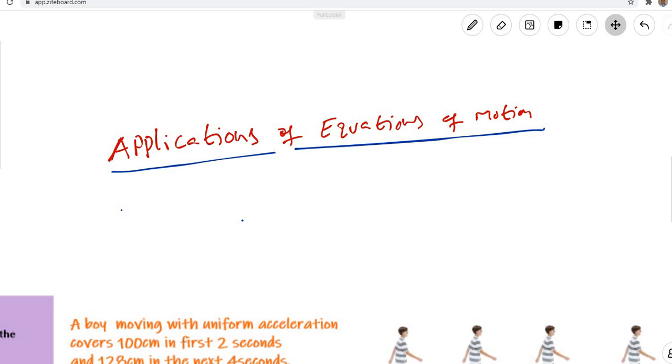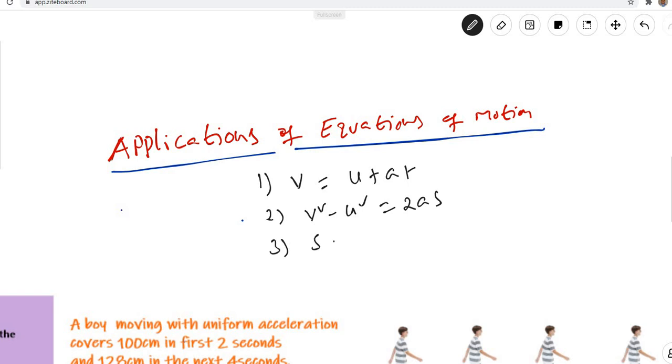The applications of equations of motion. First of all, we should understand what are the four equations of motion. The first equation is v = u + at. The second equation is v² − u² = 2as.